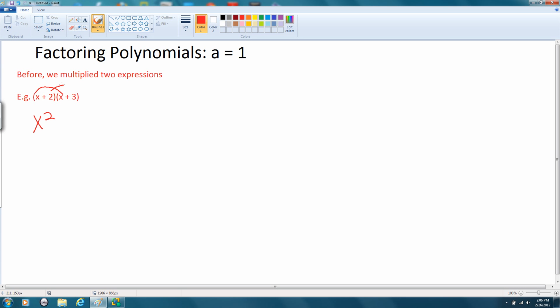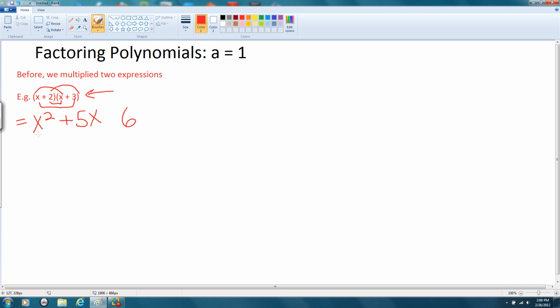And then the last terms, 2 times 3 would be 6. And then we could do the inner and the outer, and we would get 2x plus 3x, which is 5x. And so we would go from this expression here, and we would multiply it and get this answer here.